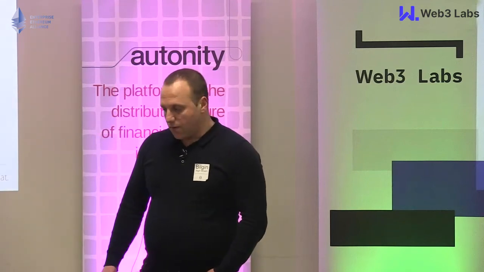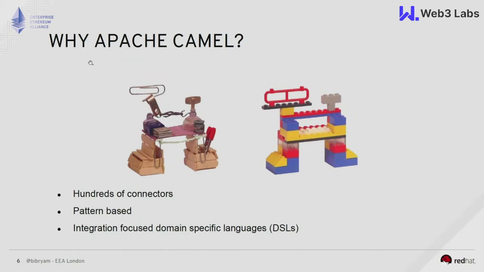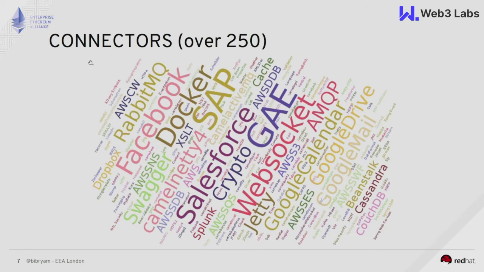And if you ask me why would I use Apache Camel, sure you can make two systems talk to each other, but I would say if you want to avoid reinventing the wheel and reuse something that's been tested and created by hundreds of developers, then you would use Apache Camel. It has lots of connectors and it's pattern based. As long as there is a Java library for a system, for a protocol or data format, there is typically a Camel connector for it.